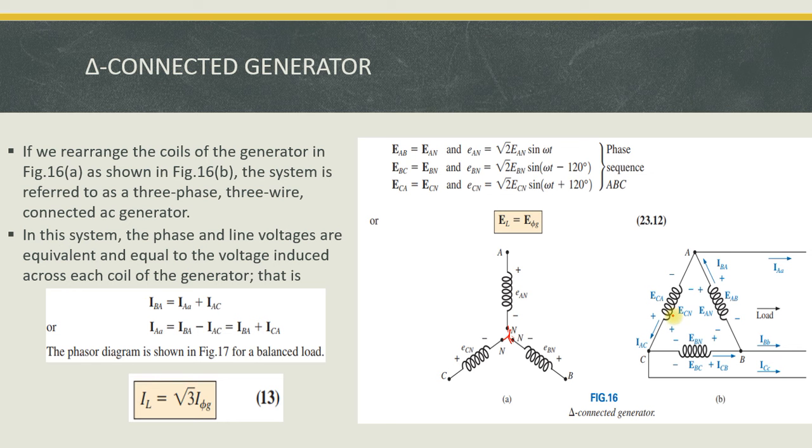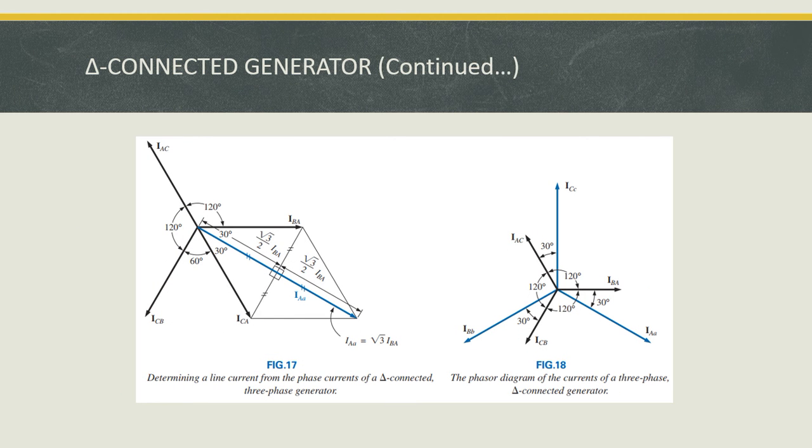Similarly, the line current is equal to root 3 times the phase current. This result is established from the phasor diagram. In our previous lectures, we saw the same phasor diagram representation to find the line voltages of the star connected generator.